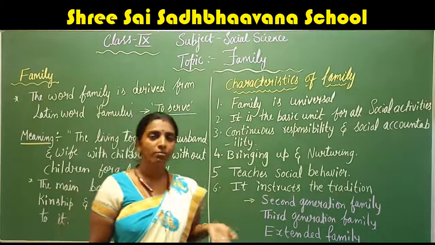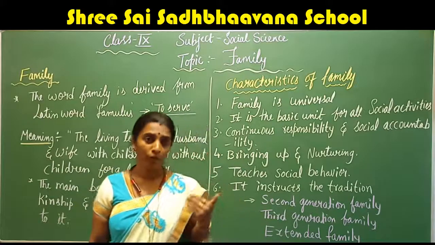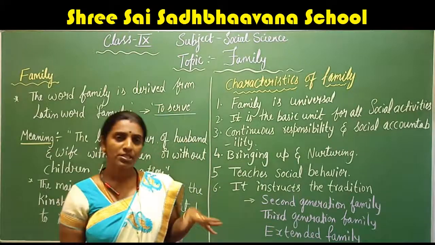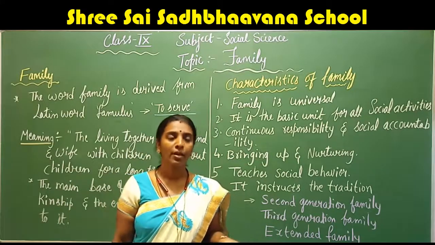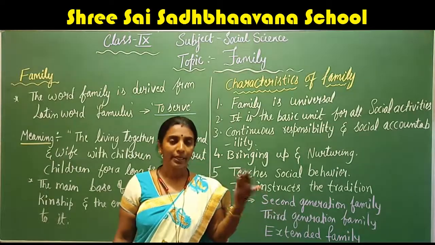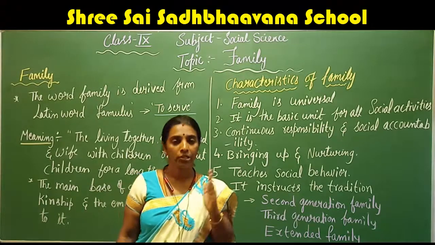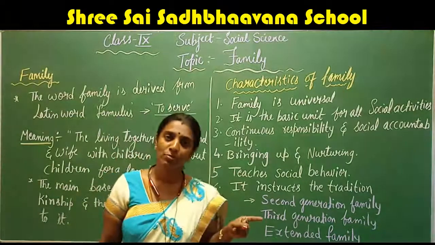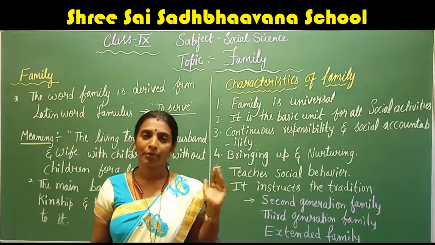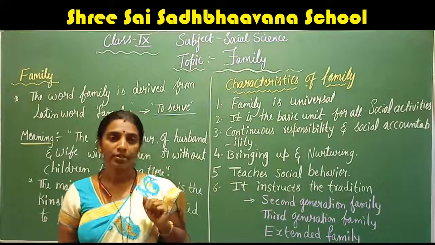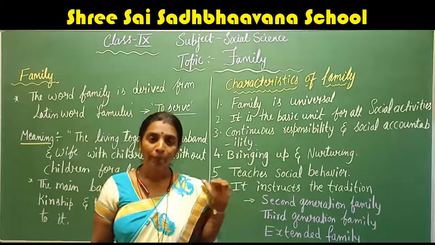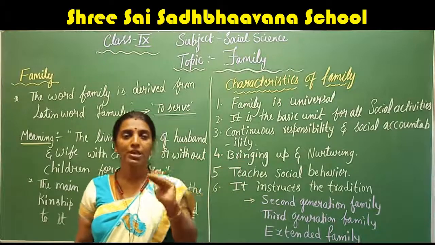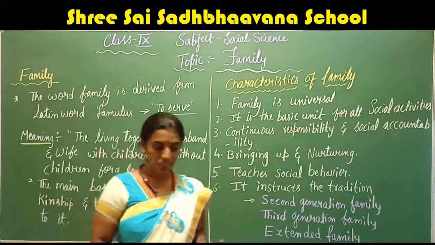Nowadays, more people are interested in nuclear families, but some joint families will also be there, where even the grandparents live with you. If you are living with your grandparents, your granny and grandpa will be the first generation, your parents the second generation, and you and your siblings the third generation.